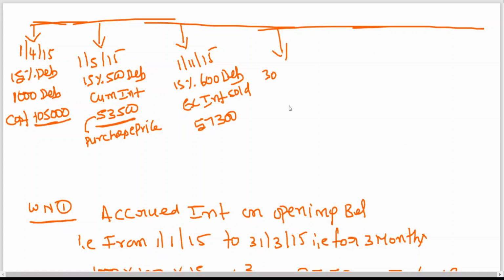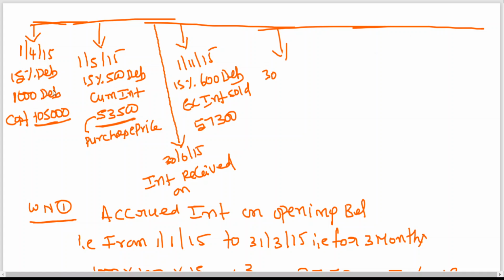And in between, actually, I should write one more item that I have not written, my dear friend. Sorry. That you can even write later on also. Interest received. 6 months interest, no?